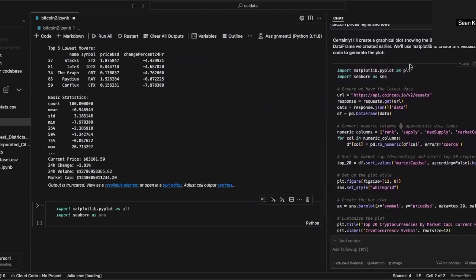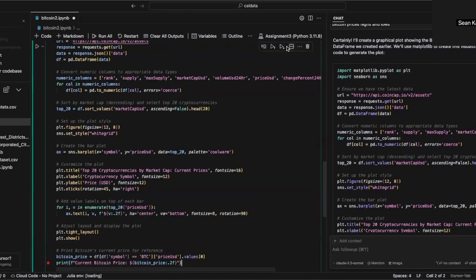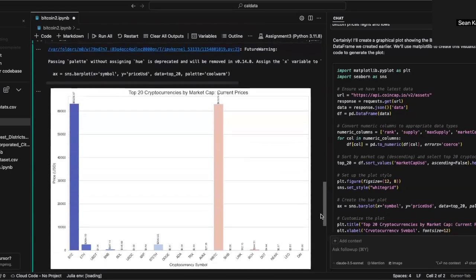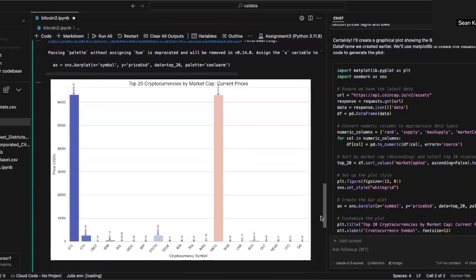Well, let's just do the whole thing. So here are the graphs for the various Bitcoins in terms of the prices compared to the others.